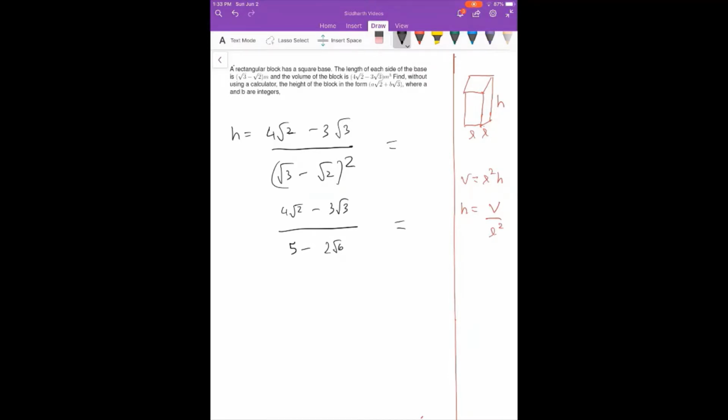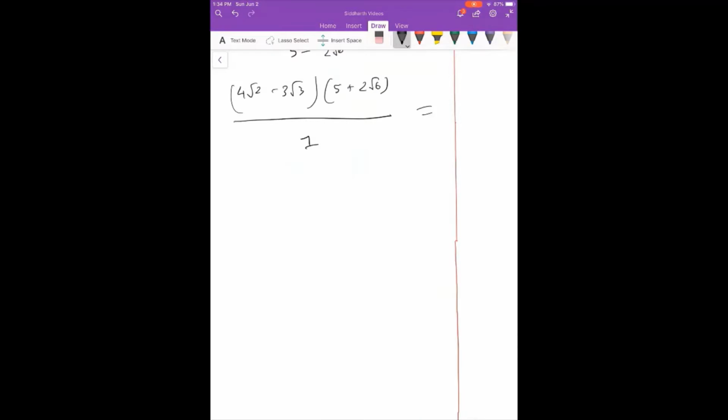Now I will rationalize the denominator by multiplying by 5 plus 2 root 6 to both the numerator and the denominator. Expanding the numerator, we get 20 root 2 plus 8 root 12 minus 15 root 3 minus 6 root 18.